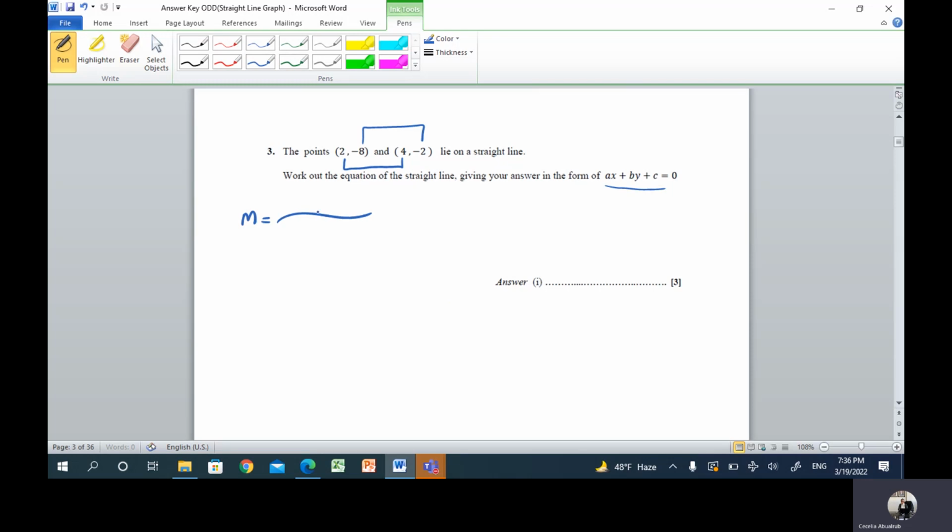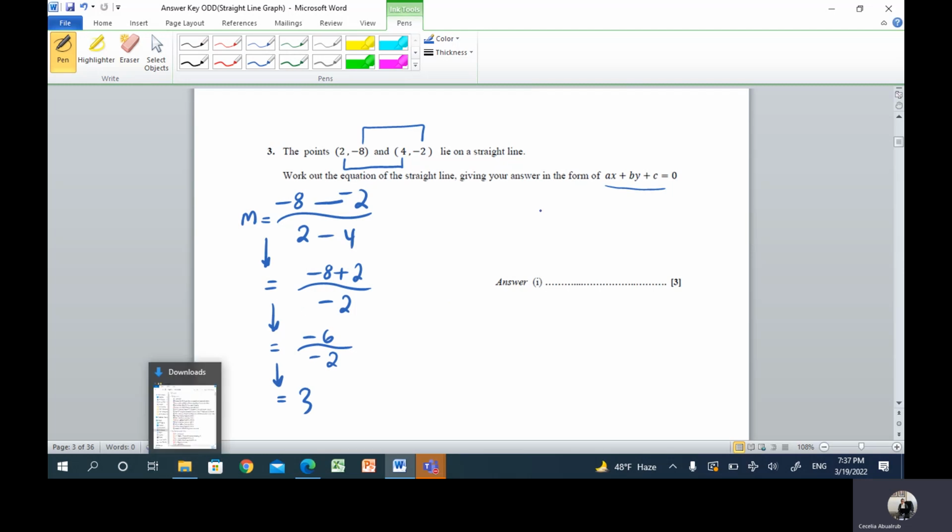So m is equal to (-8 minus -2) over (2 minus 4). That will be (-8 plus 2) over -2, which is -6 over -2. So m is equal to 3.